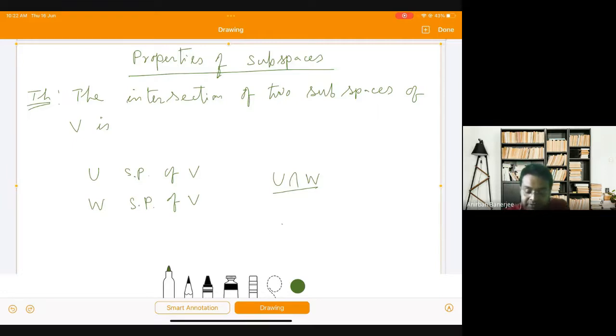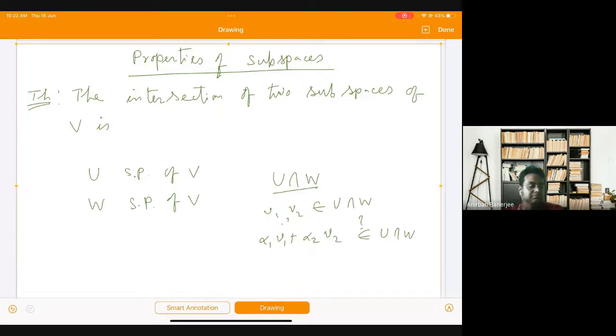Sorry, let's take V1 and V2 belonging to U intersection W. Then the question is, what about any linear combination? Will that also belong to U intersection W? Yes, sir. And what is the reason?